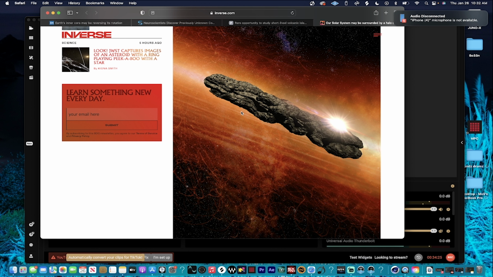So it's best that you shoot your rocket, grab some samples, grab the biggest chunk you possibly can, and bring that back without it bringing itself back and annihilating us. That's what you gotta do.